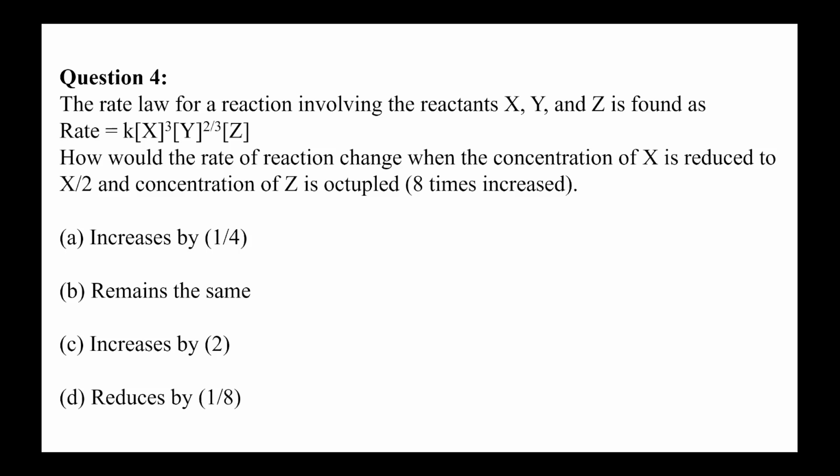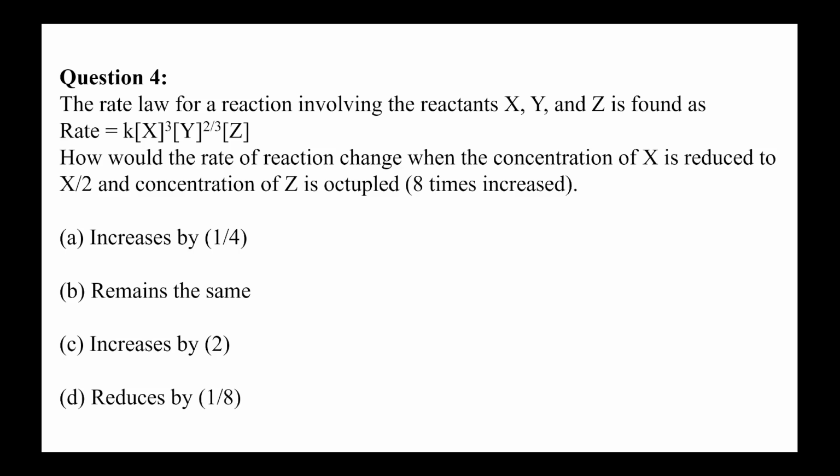Next question: the rate law for a reaction involving the reactants X, Y, and Z is found as rate is equal to K into concentration of X to the power of 3 multiplied by concentration of Y raised to the power of 2 by 3 multiplied by concentration of Z raised to the power of 1.